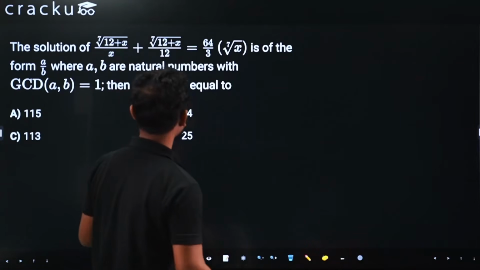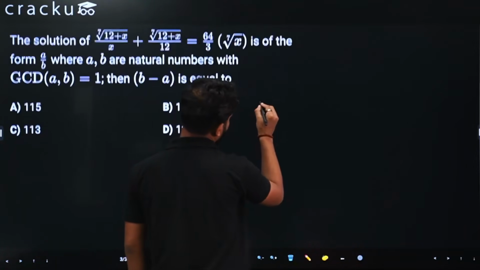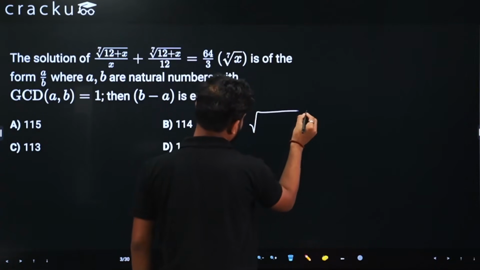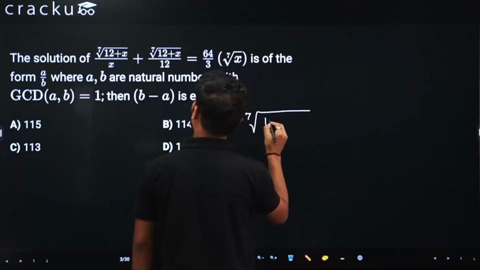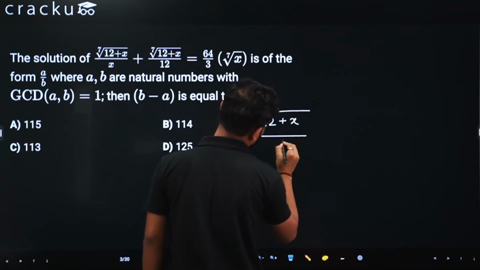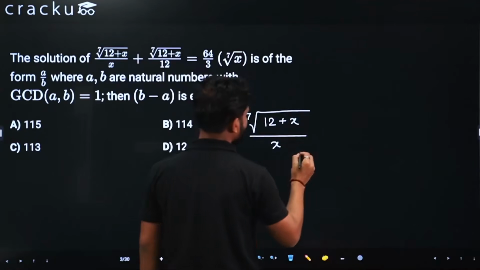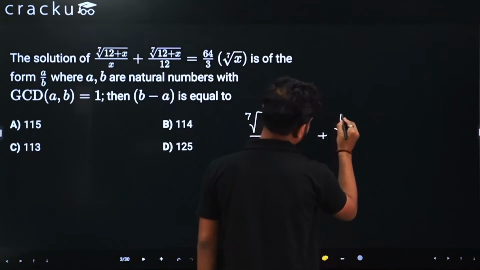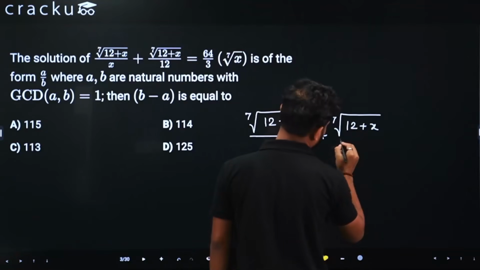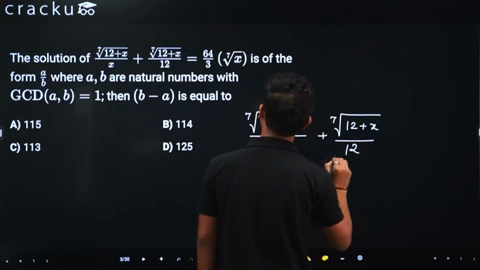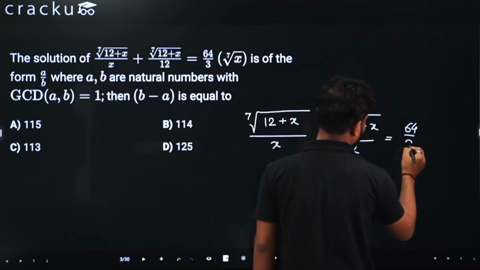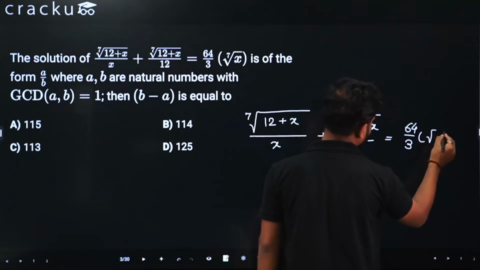We have given the 7th root of 12 plus x, divided by x, plus the 7th root of 12 plus x divided by 12, is given as 64 upon 3 into the 7th root of x.